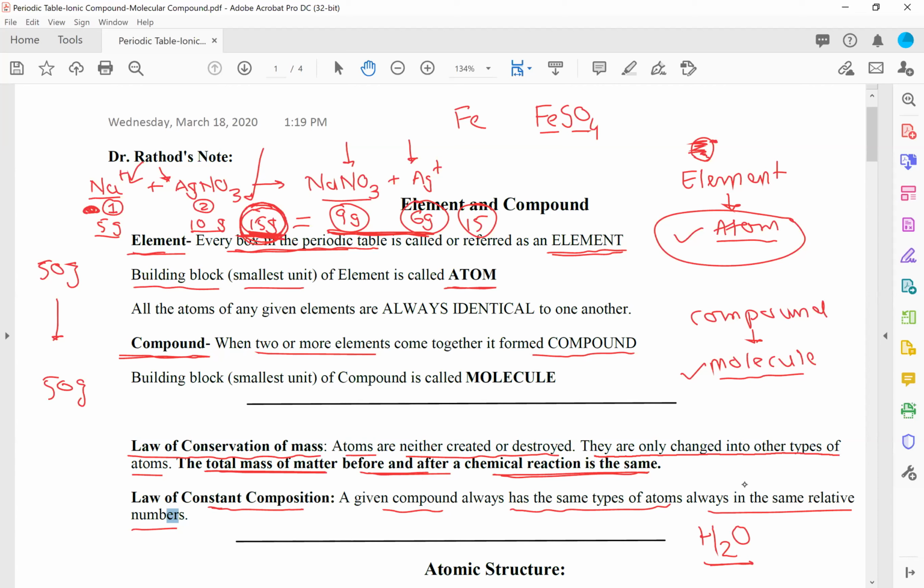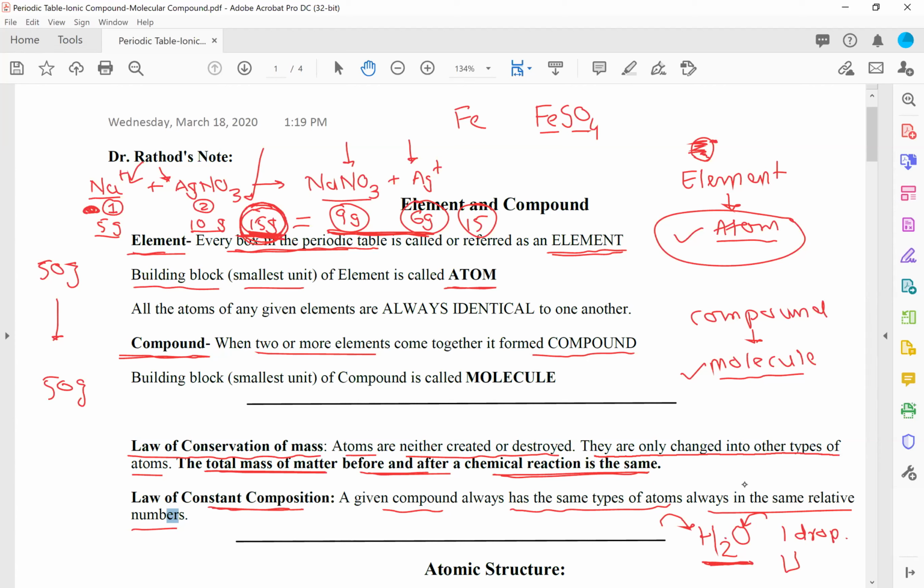What constant composition says is, if I give you 1 drop of water, then the chemical formula is H2O. And if I talk about an entire glass full of water, it is still H2O. And even if you talk about the water in the sea, right, it is still represented as H2O. It means if you want to make a compound, whatever elements are coming together, they are always going to come together in the same proportion.